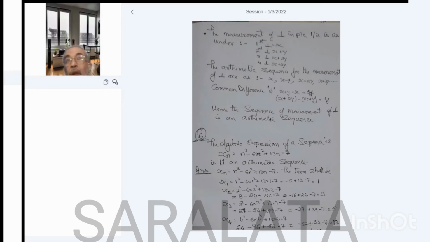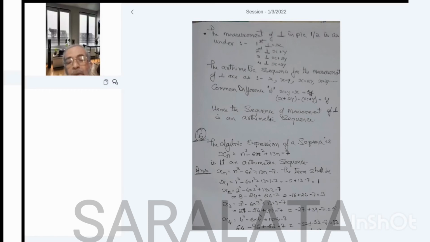Now let me put x2, I replace n with 2. Then that becomes 2 cube minus 6 into 2 square plus 13 into 2 minus 7. Here I get an answer of 3.